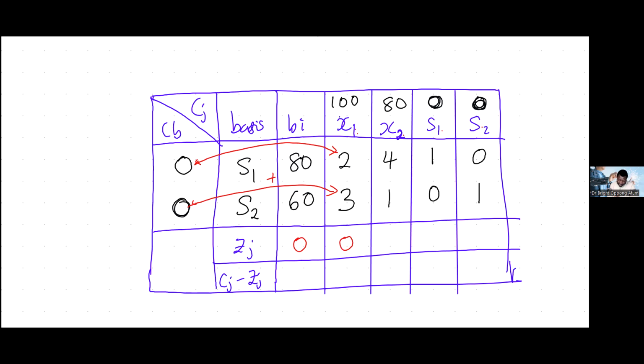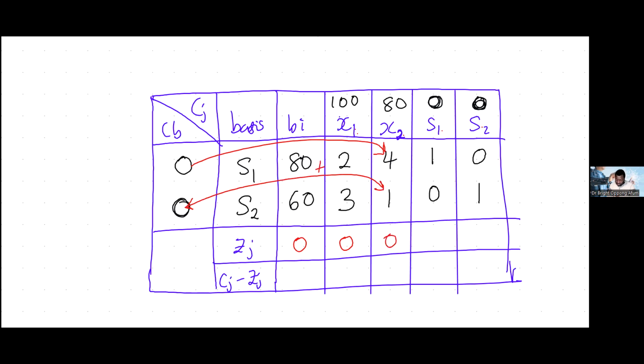We do the same thing for the next column. 0 times 4 plus 0 times 1, and that will be 0.